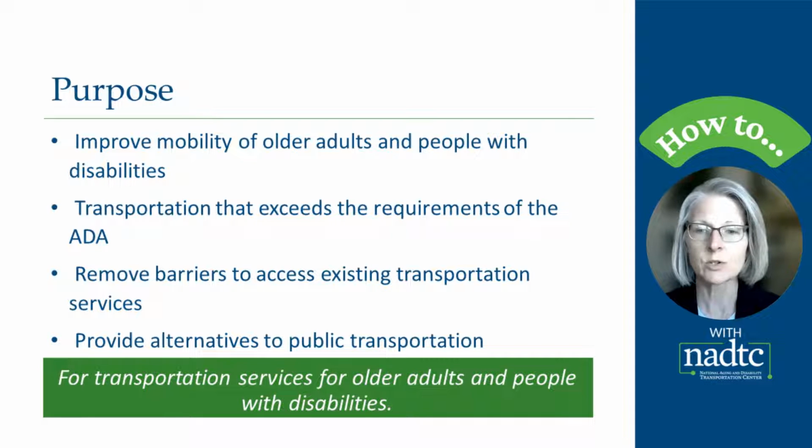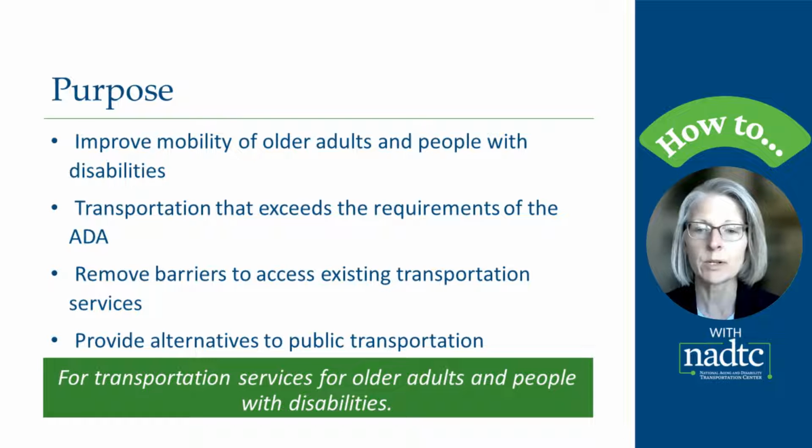Grants under this section can be used for the following: for public transportation capital projects planned, designed, and carried out to meet the special needs of older adults and individuals with disabilities when public transportation is insufficient, inappropriate, or unavailable. It can be used for public transportation projects that exceed the requirements of the Americans with Disabilities Act of 1990.